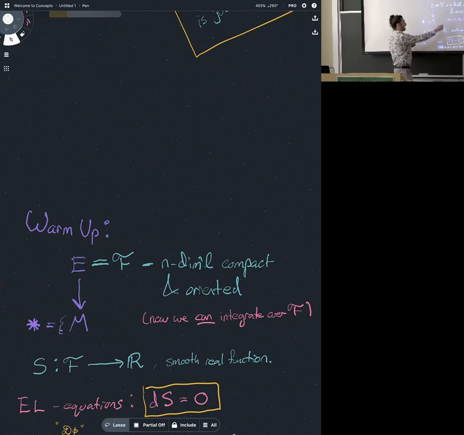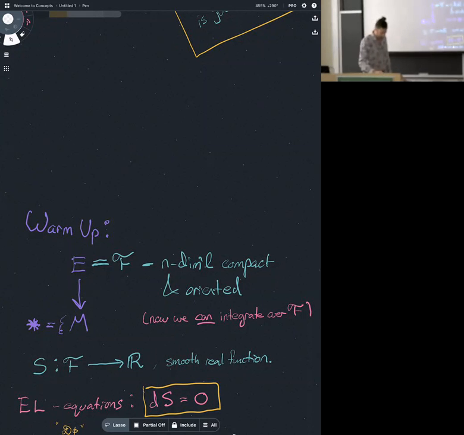I then have my configuration bundle, assume it's n-dimensional, compact, and oriented, so there are no problems. Then the sections are the same as the bundle because we're over a point. Integration over a point isn't anything, so the action functional is just a smooth function on the space of fields. So the Euler-Lagrange equations just say that the one-form dS is 0, so we're looking at the zeros of that section.